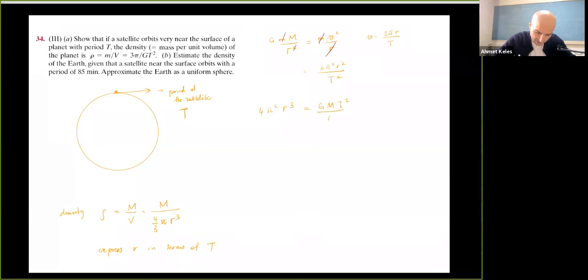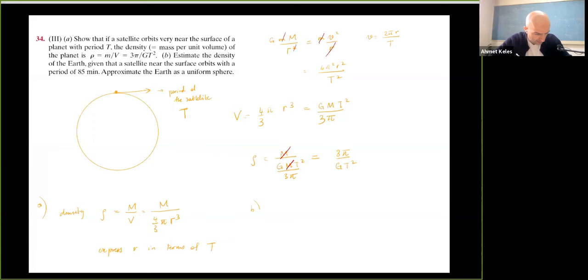So I can divide both sides by pi, and by 3, and this is already the volume, right? Now I can substitute to here, and rho is equal to M divided by V, which is GM T squared over 3 pi. Clean this. This is equal to 3 pi over G T squared. So this whole thing was a.